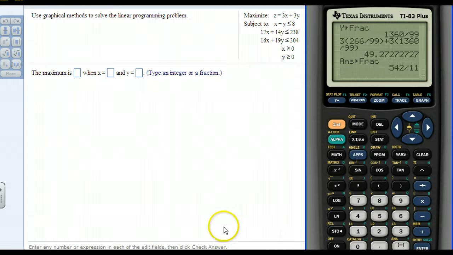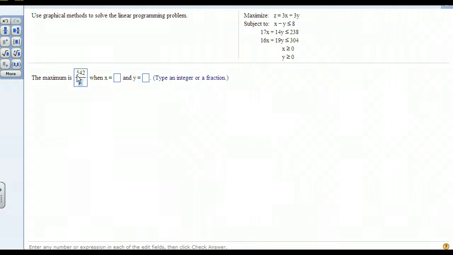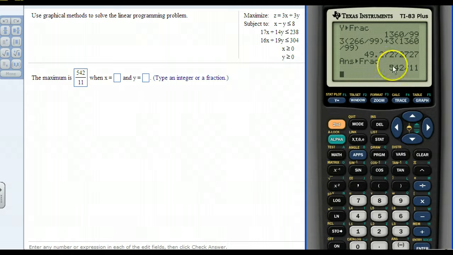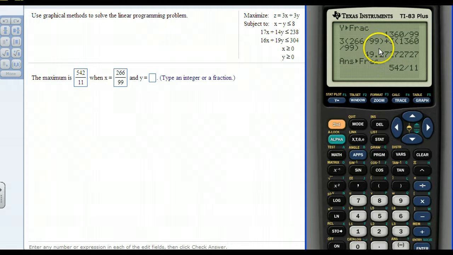So 542 over 11, when x equals 266 over 99, and y equals 1360 over 99.